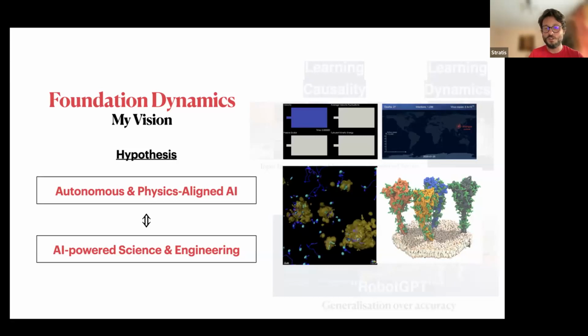I don't mean that, of course, all the methods would work perfectly everywhere, but in my opinion, once we are able to, for instance, model the physical space around us with the ODEs involved, with the PDEs involved, and so forth, quite likely we would be able to reuse much of it for much more precise tasks, like scientific tasks or engineering tasks. And maybe here foundation dynamics would play a key role.